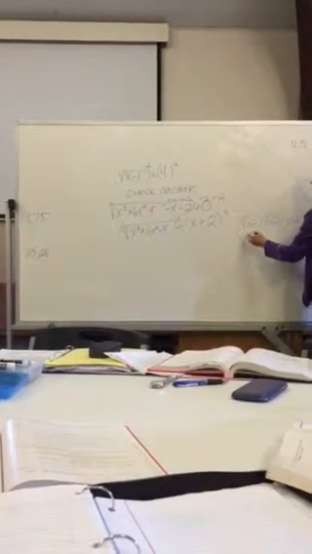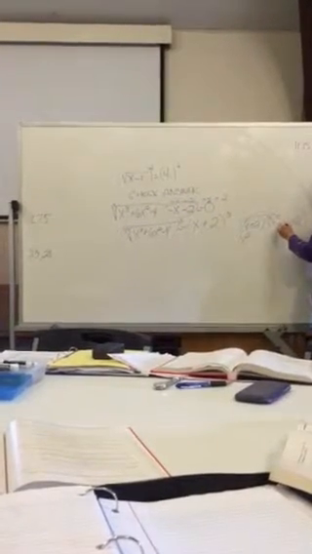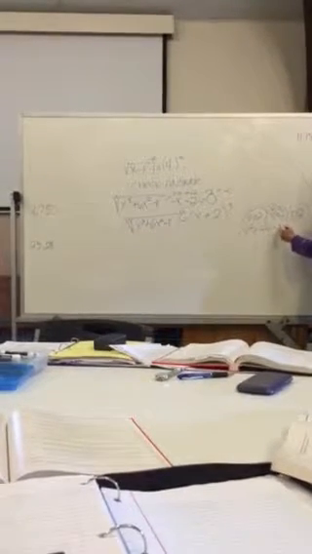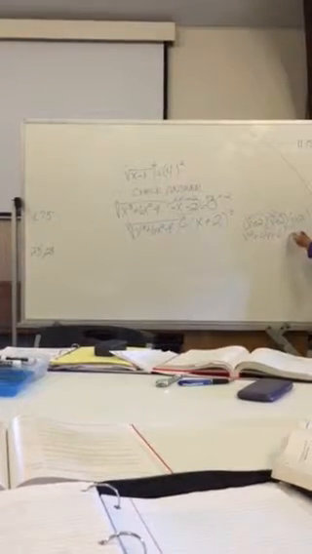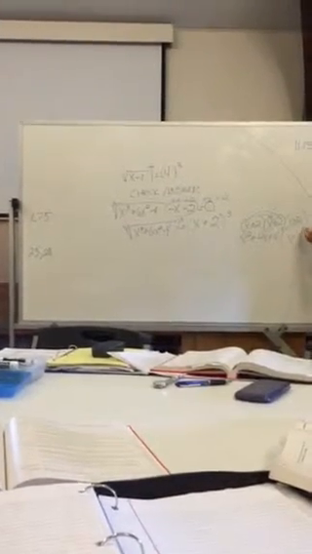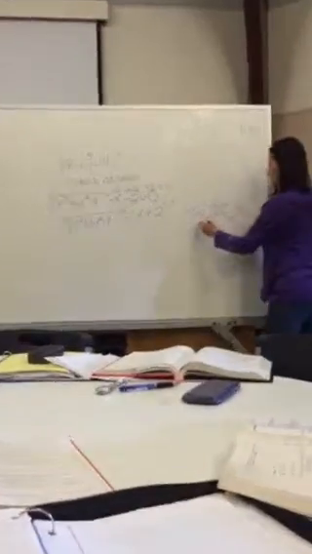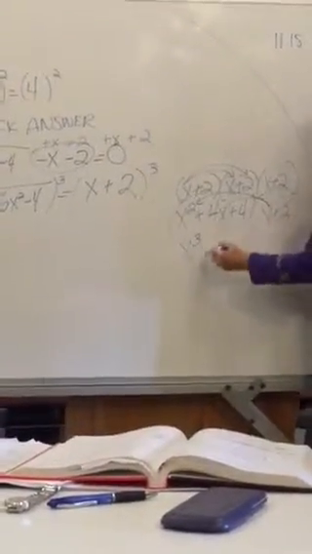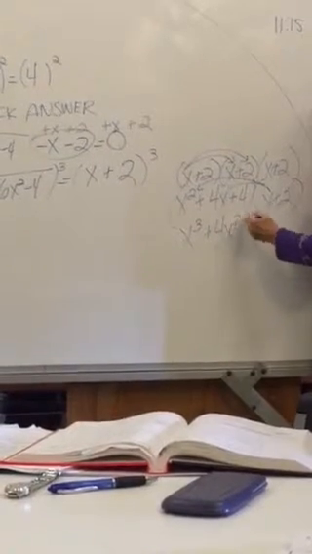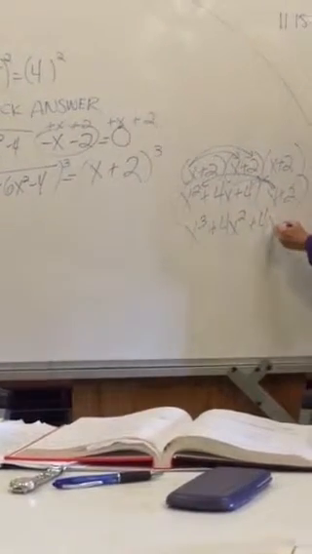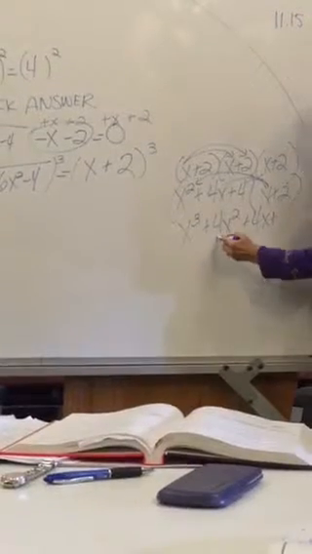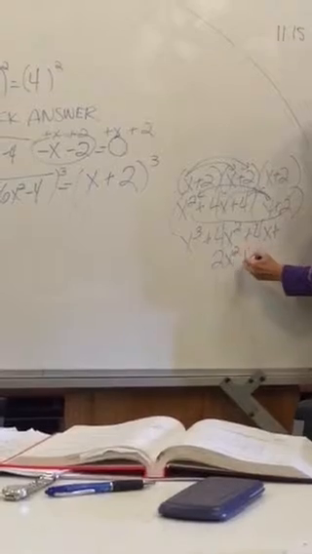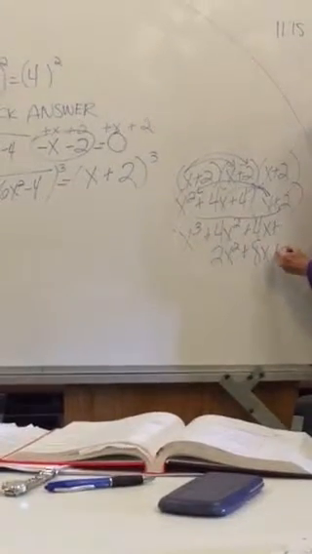So it's x squared, x times 2 is 2x, plus 2 more x gives me 4x plus 4. Then I multiply that by x plus 2. All right? And that gives me x cubed plus 4x squared plus 4x plus, now I'm distributing my 2, right? 2x squared plus 8x plus 8.